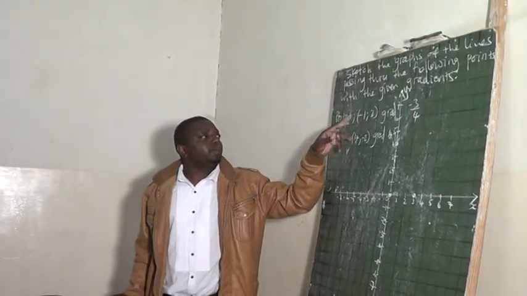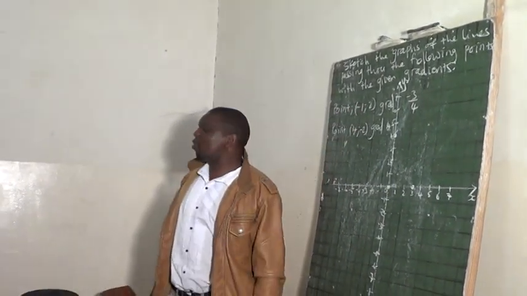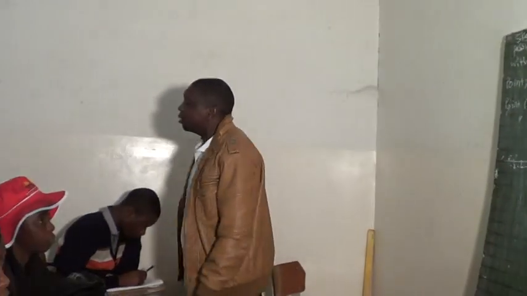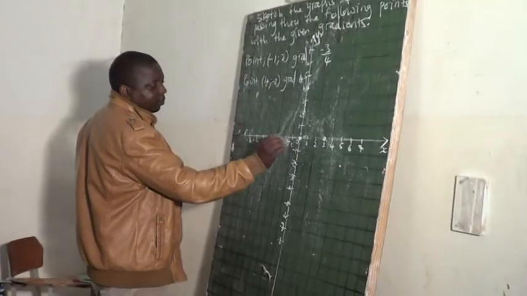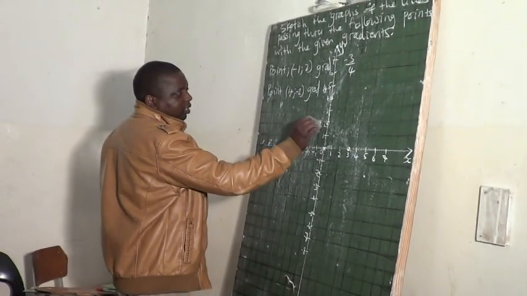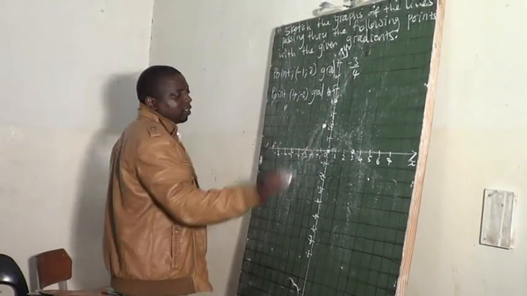A straight line that passes through the point minus 1, 2: just go to the point minus 1, 2 and mark the point altogether. This is minus 1, 2. This is the point.